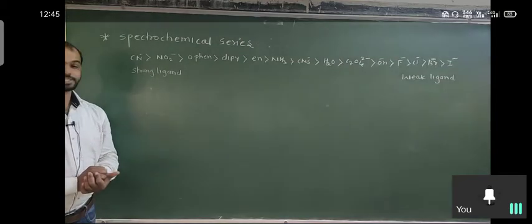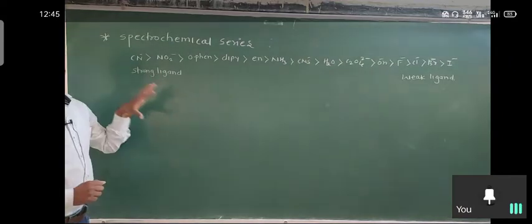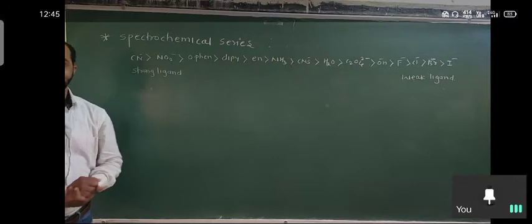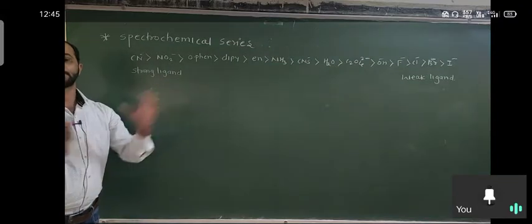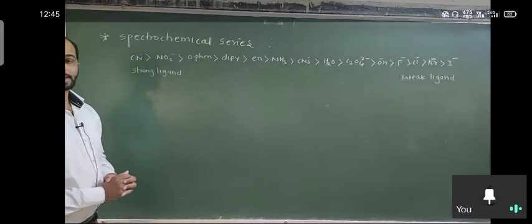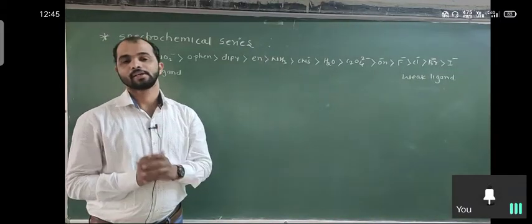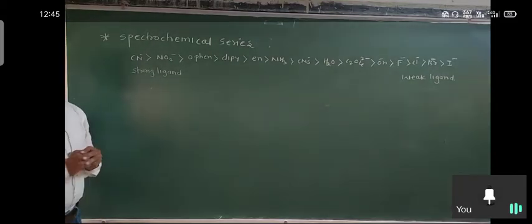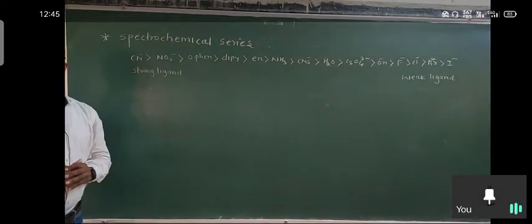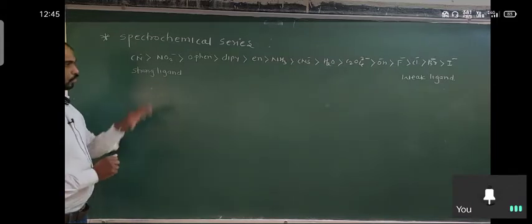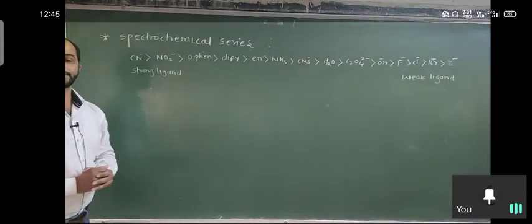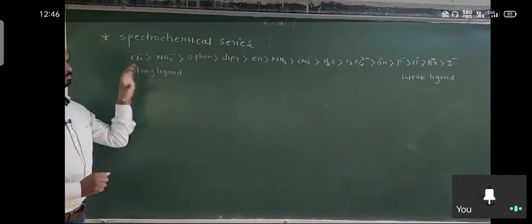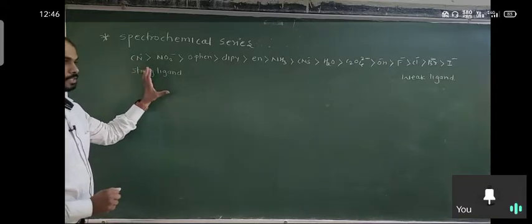So when measuring the 10 Dq value, the ligand which has the strong field condition shows higher strength, a larger 10 Dq value, as compared to those ligands having less strength in a crystal field, which show a lower or smaller 10 Dq value. Such a series of ligands according to their spectral information is called the spectrochemical series.